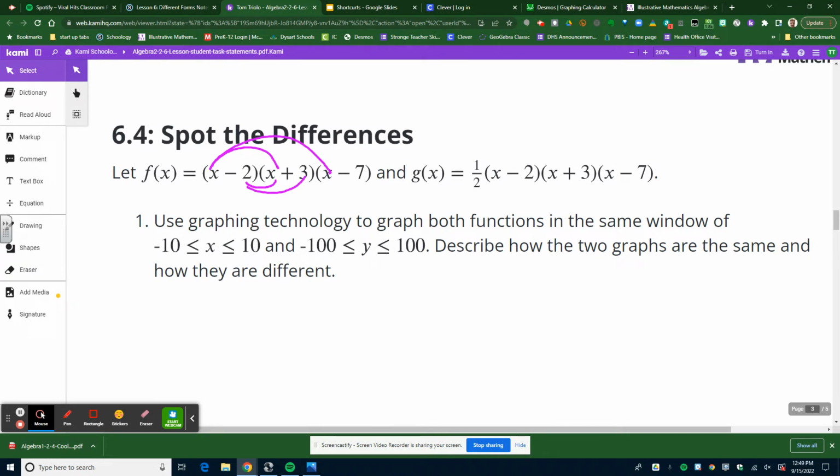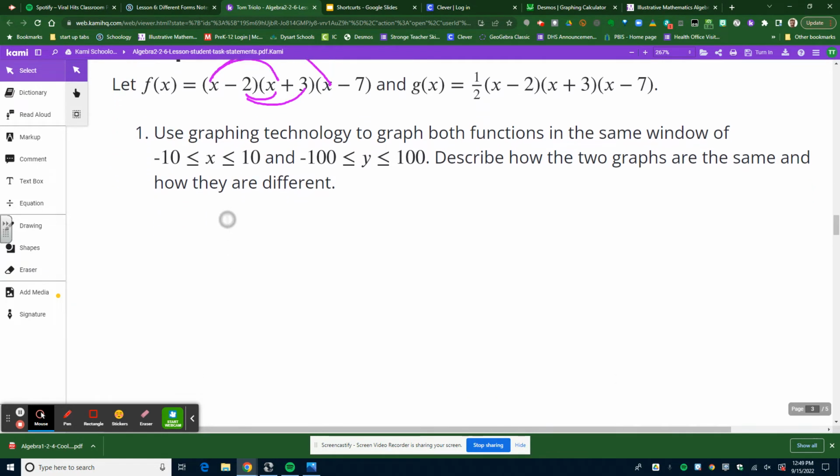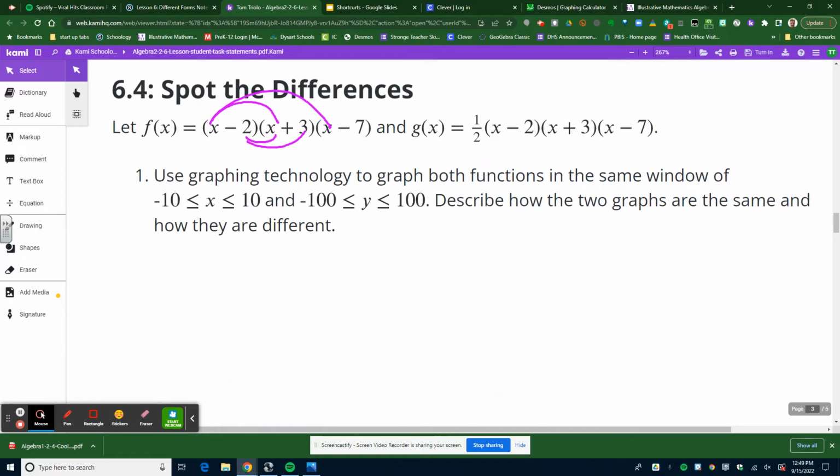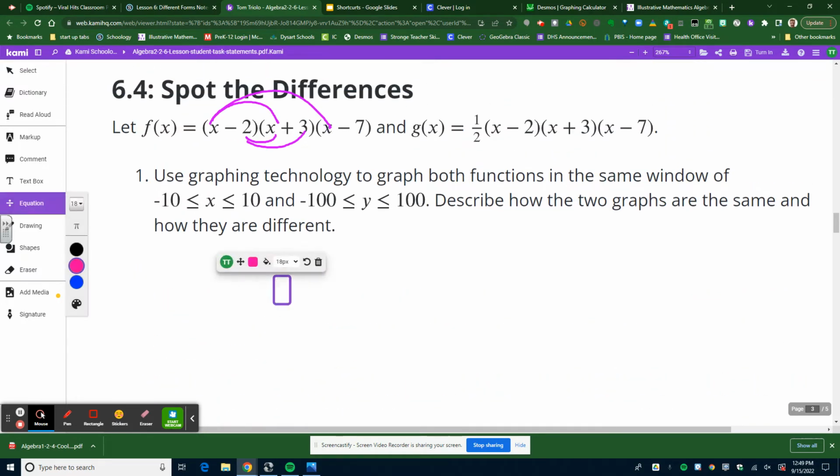So x minus 2 times x plus 3. Okay. I'm just going to do it down here even though we have space. Okay. So x squared. So x times 3 is 3x minus 2x means it's minus x.